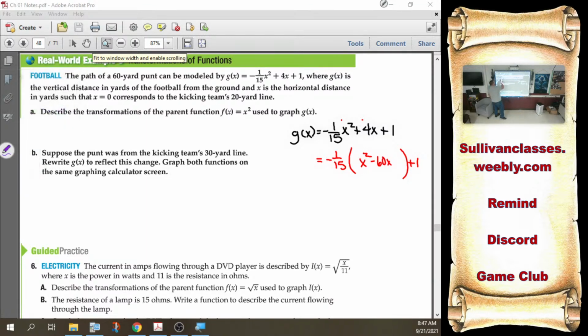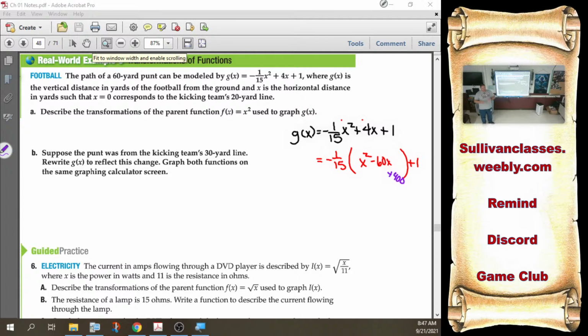Now I need to complete the square. I complete the square by adding, does anyone remember? B over 2 squared. What is B right now? Negative 60. Half of that, negative 30. Negative 30 squared. Big number. 900. So I'm going to add 900 here. Look at where it is. In the parentheses. Did I really add 900?